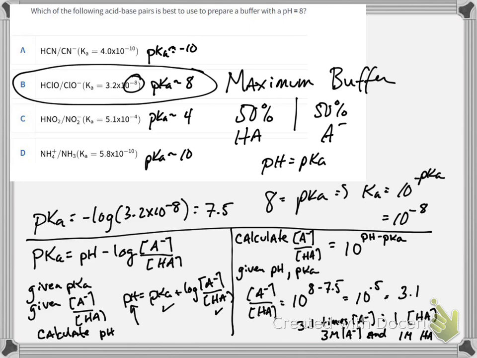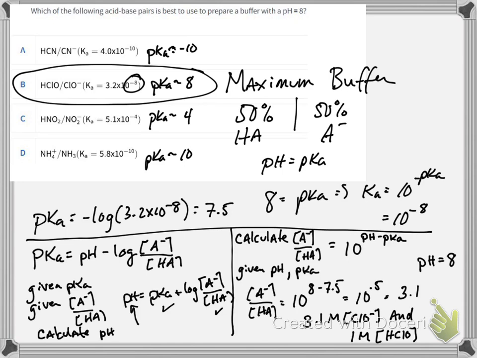And when we say ClO minus, what we really mean here is 3.1 molar ClO minus and 1 molar HClO. So if we did that, that recipe will give us pH equal 8.